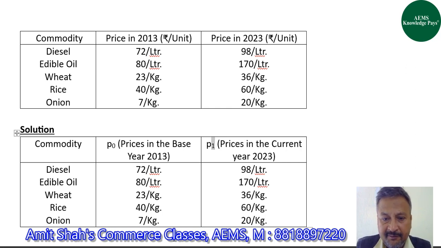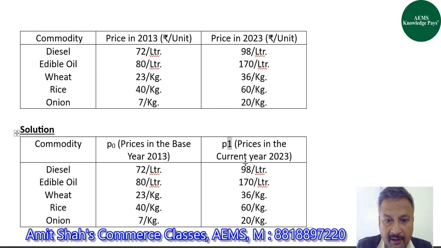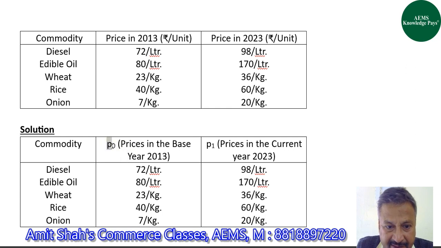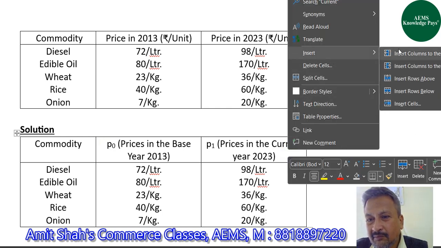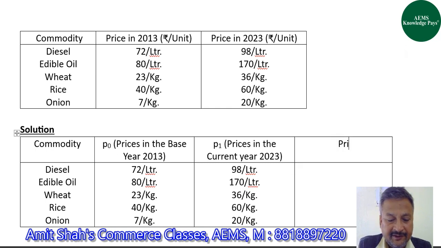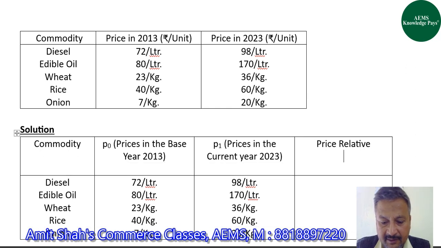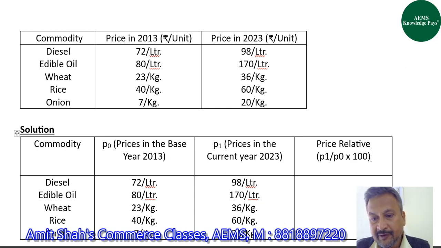Yesterday I explained you guys that prices of the current year are marked as P1 and prices of the base year, that is past year, is expressed as P0. And this is called price relative, that is price of current year divided by price of base year into 100.